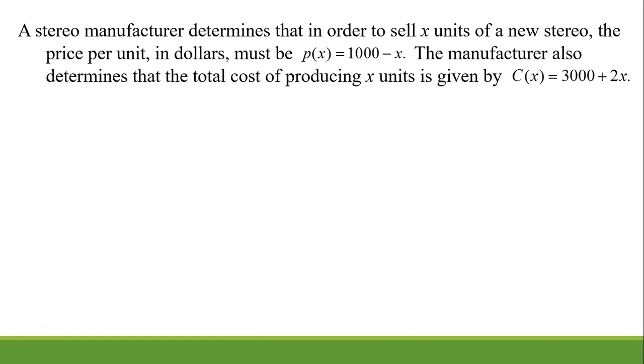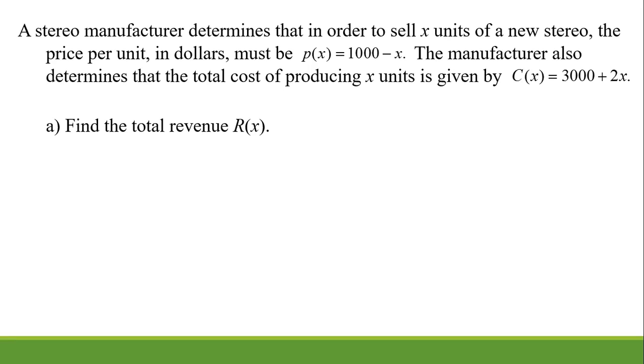So here we go. A stereo manufacturer determines that in order to sell x units of a new stereo, the price per unit in dollars must be P(x) = 1,000 - x. The manufacturer also determines that the total cost of producing x units is given by C(x) = 3,000 + 2x.